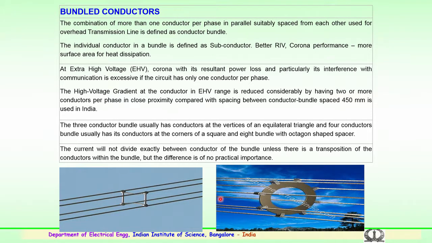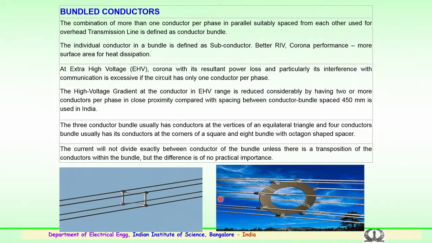Up to 132 kV, typically a single conductor is employed. Above 132 kV, more than 220 kV, either twin, for 400 kV 4 conductors, or for UHV either 4, 6 or 12 conductors are normally used to counter the issues of radio interference and corona related problems which could interfere with the communication circuits.